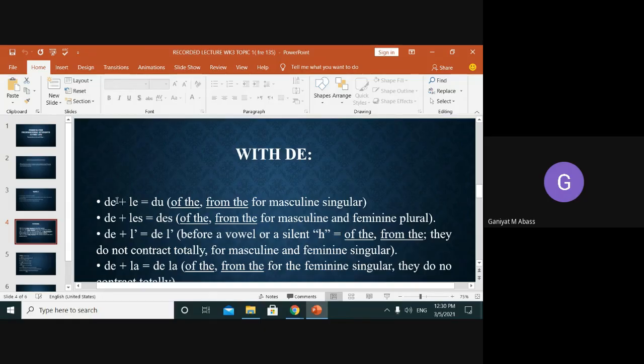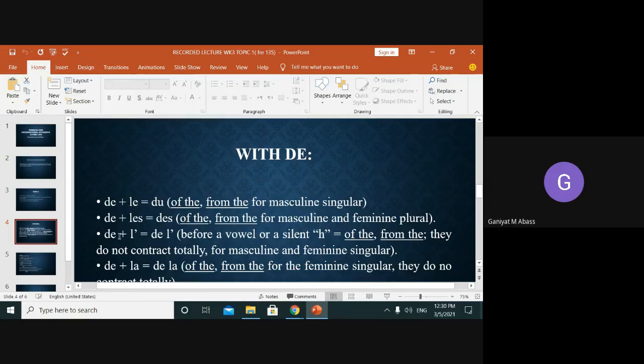Okay, de is a preposition here, plus le definite article gives you what? Du, which means of the, from the, for masculine singular. Now you have de plus les. Okay? De plus les gives you des. That's the plural version of the, from the.